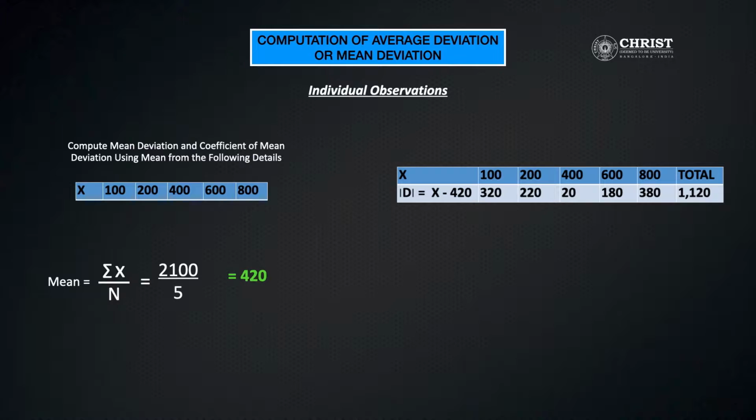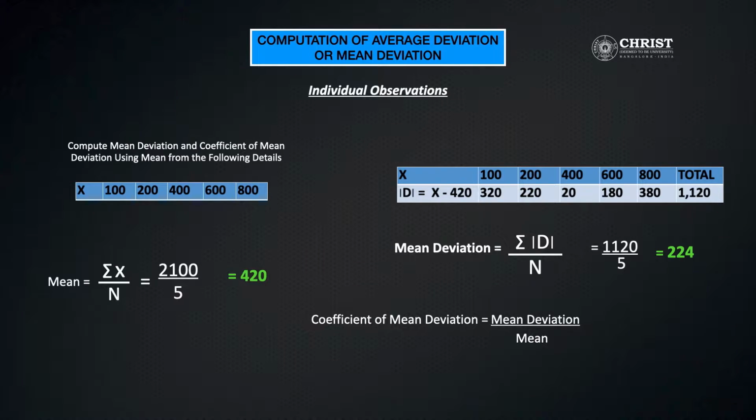Mean deviation is delta d divided by n. N is the number of observations, so 1120 divided by 5 equals 224. Coefficient of mean deviation is mean deviation divided by mean, that is 224 divided by 420, 0.5333.